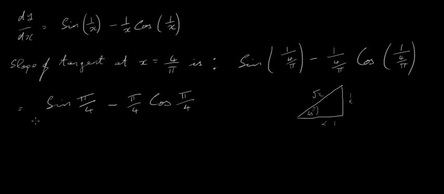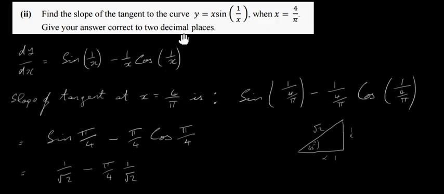So sine of pi over 4 is 1 over root 2, and cosine of pi over 4 is also 1 over root 2. So we have 1 over root 2 minus pi over 4 times 1 over root 2. The question asked us to give the answer to 2 decimal places.